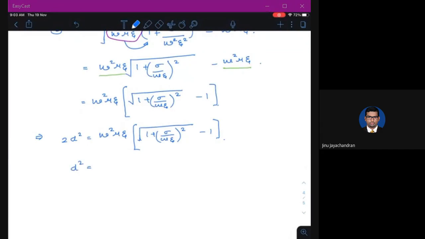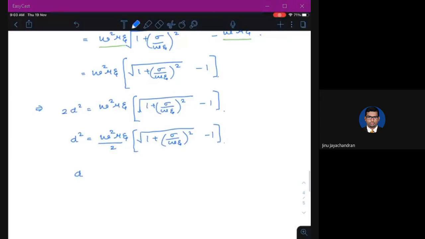So alpha square is equal to omega square mu epsilon by 2 multiplied by square root of 1 plus sigma by omega epsilon the whole square minus 1. So alpha is equal to, you take the complete square root, omega square is omega so that will come out, the rest will come inside the square root: mu epsilon by 2 multiplied by square root of 1 plus sigma by omega epsilon the whole square minus 1.